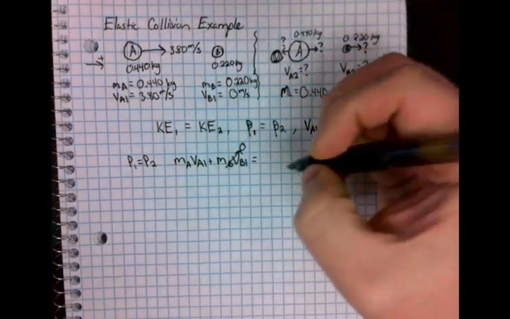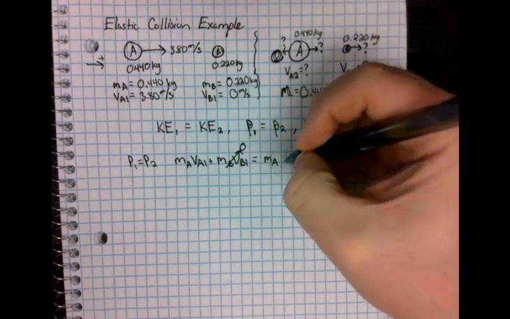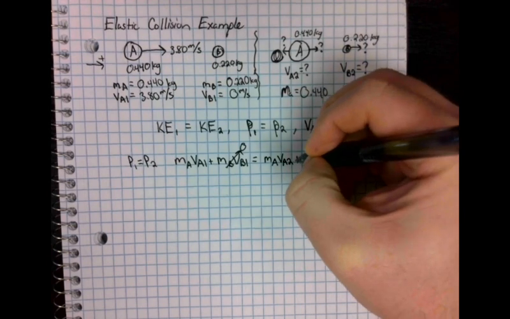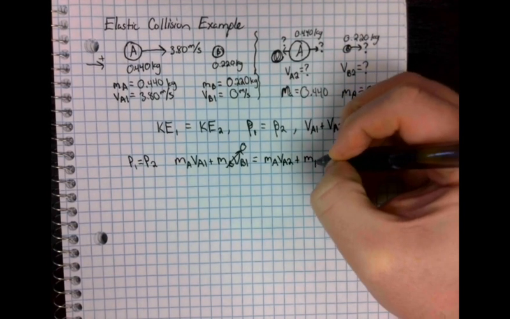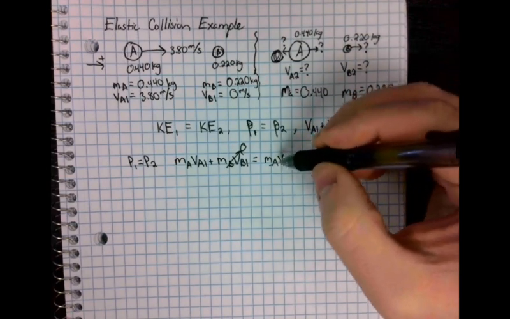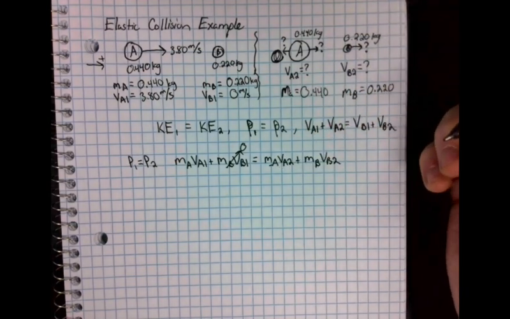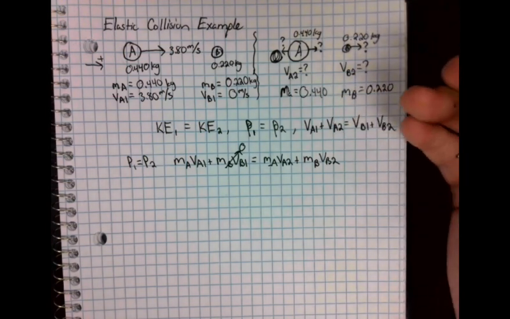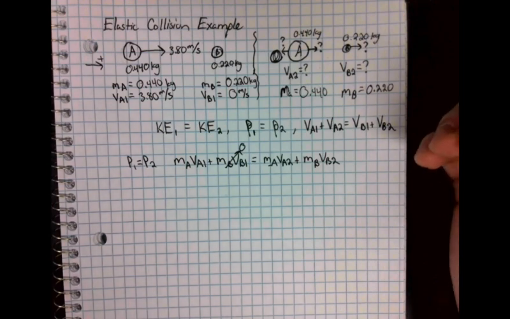That's equal to MA VA2 plus MB VB2. One of these might be 0, like this velocity might be 0 right here. We don't know yet, so we can't make any assumptions. We'll have a method of solving for that in a little bit, though.